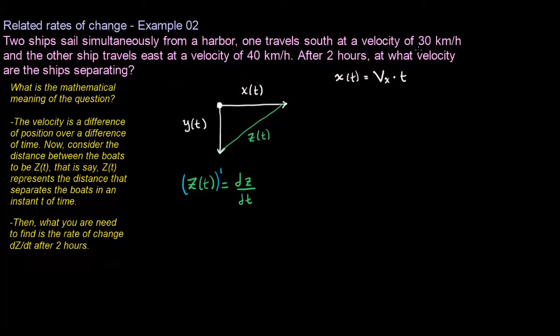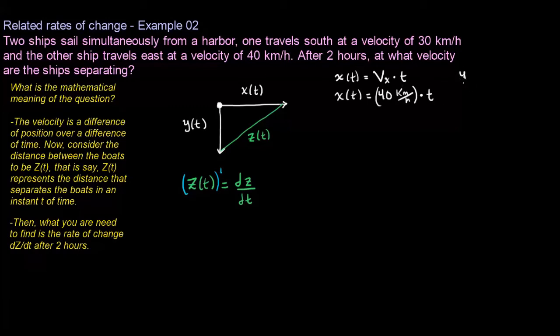Let's say every hour it will move forward to the east 40 kilometers. So in other words, x of t will be equal to 40 kilometers per hour times the time. I'm going to write it more nicely. There it is. Now let's get to y of t.